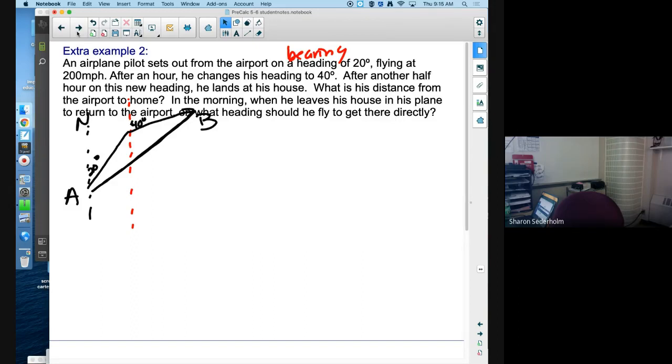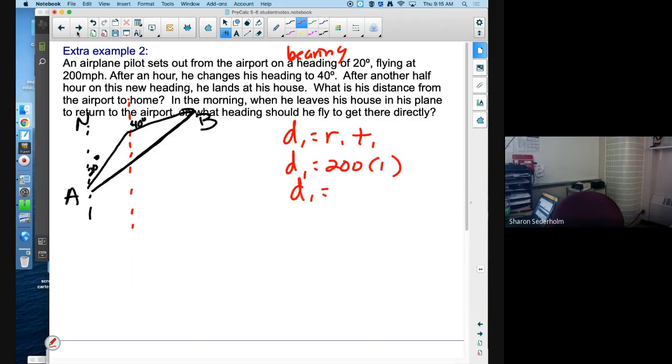So it said they were flying at 200 miles per hour for an hour at 20 degrees. Well, we know distance equals rate times time, but I'm going to have two distances, so I'm going to put a little sub 1 on there. So for the first distance, we've got 200 miles per hour for 1 hour, and that's going to give us a 200. So at least we have something labeled for our triangle now.